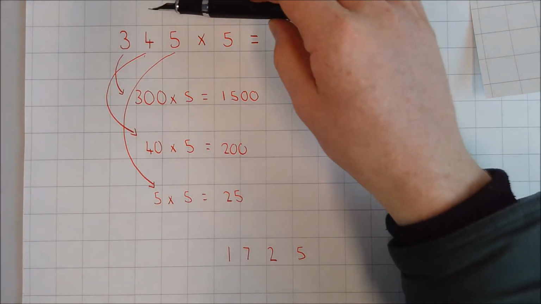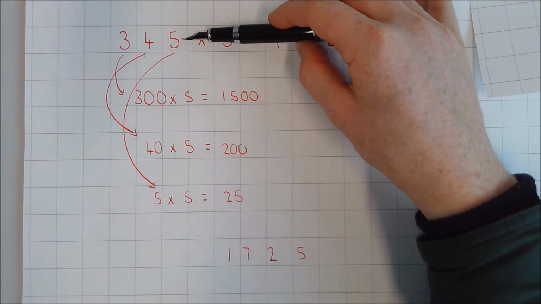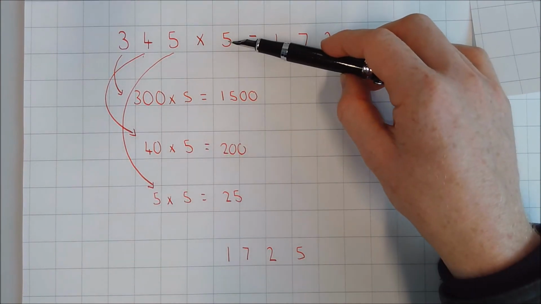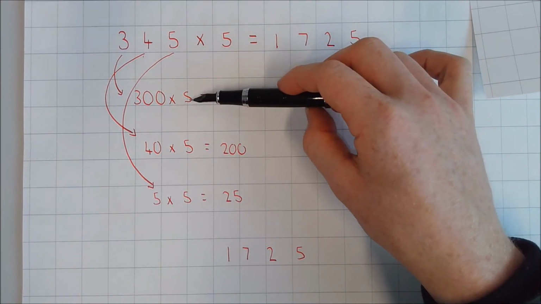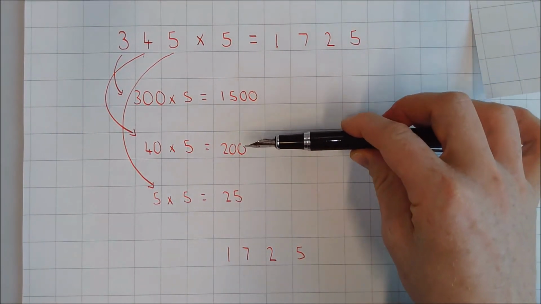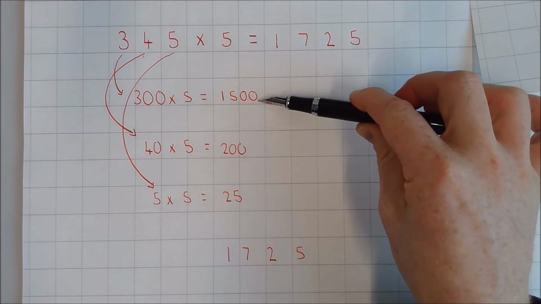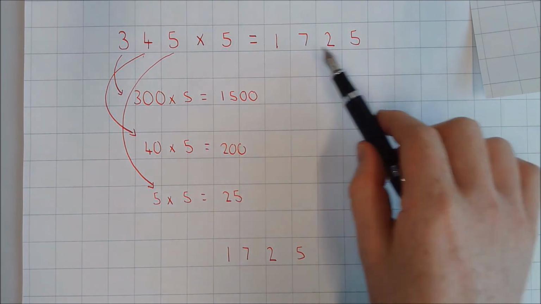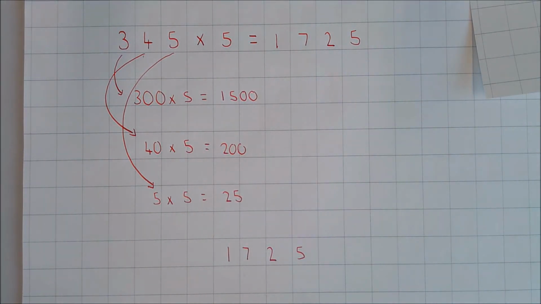So hopefully you can see that our 345 has been partitioned into 300, 40 and 5. We haven't partitioned this factor, so we just kept it as 5 all the way through. And here we have our 3 partial products, 1,500, 200 and 25. And here is the product for this multiplication.